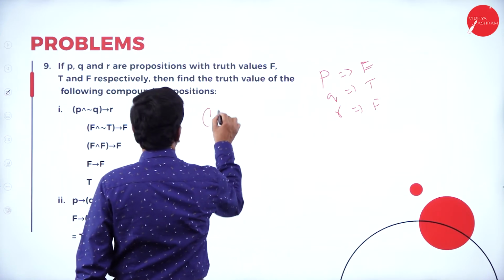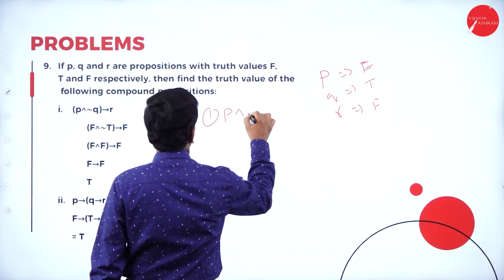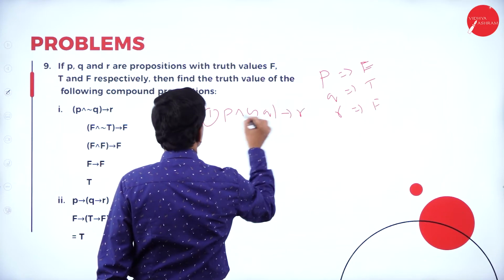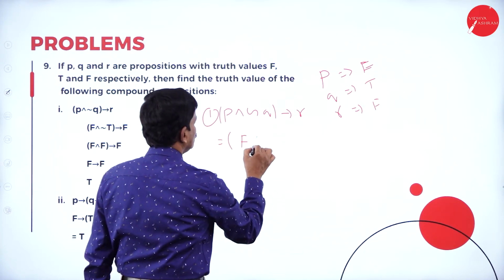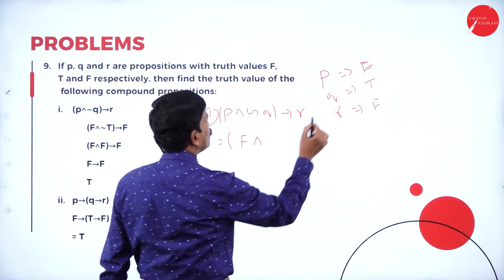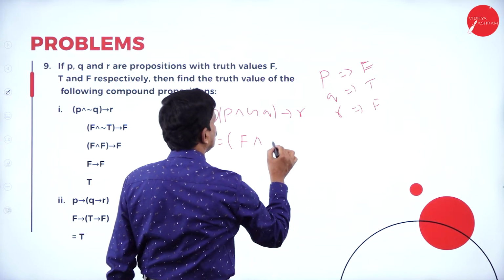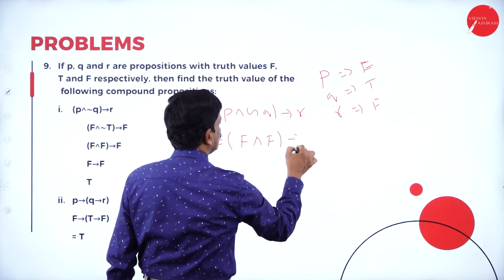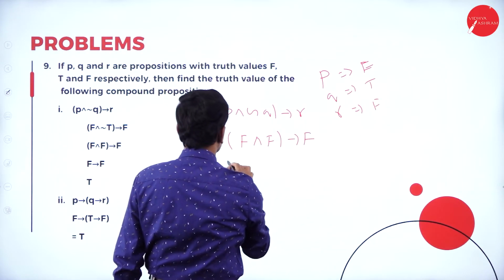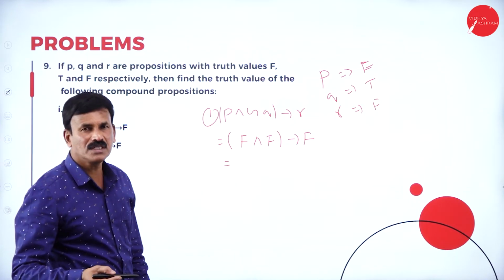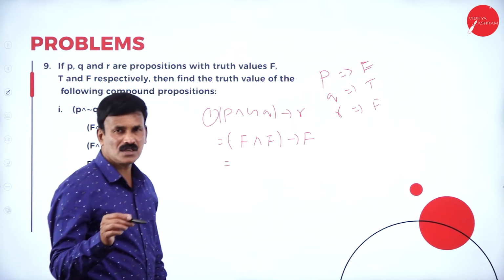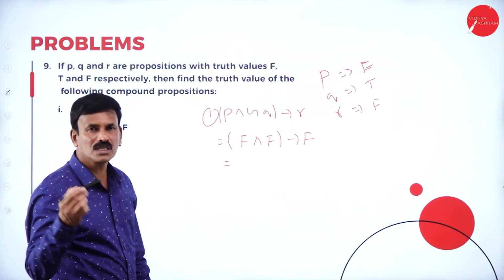The first one: P conjunction negation Q, conditional to R. P is F, conjunction negation of Q. Negation of Q is negation of T, which is F, conditional to R which is F. Now this is F conjunction F, and the conjunction of F and F is F. In a conjunction, true and true is true; in all other cases it is false.